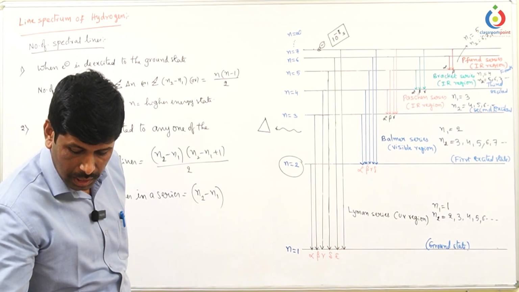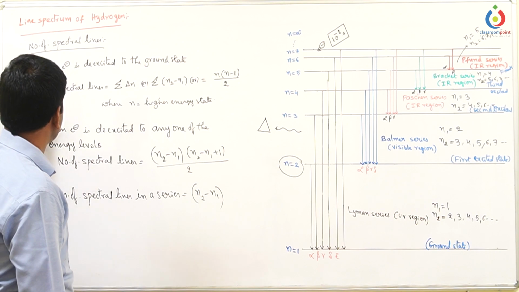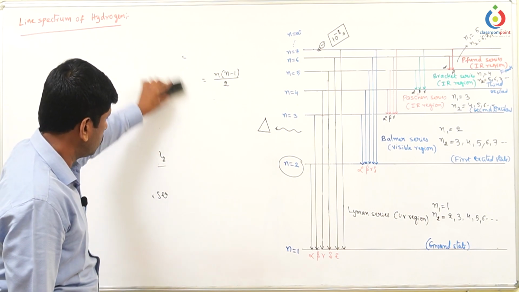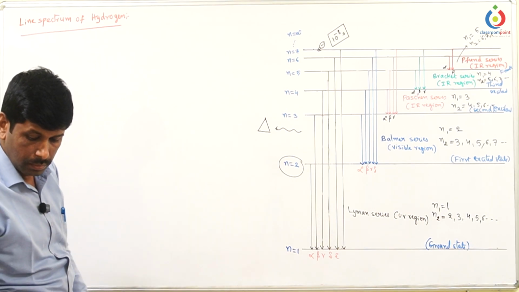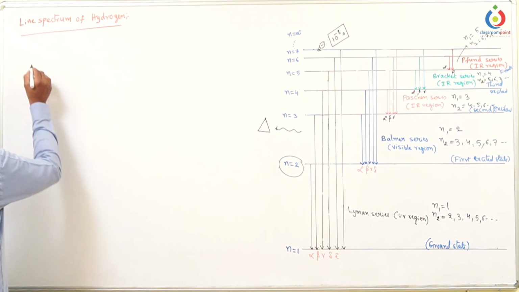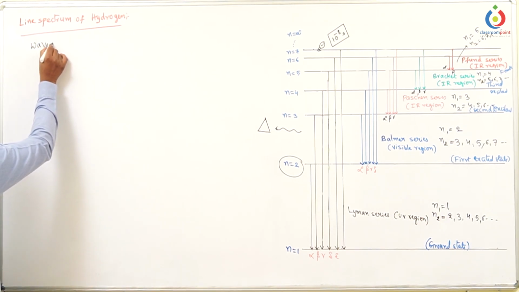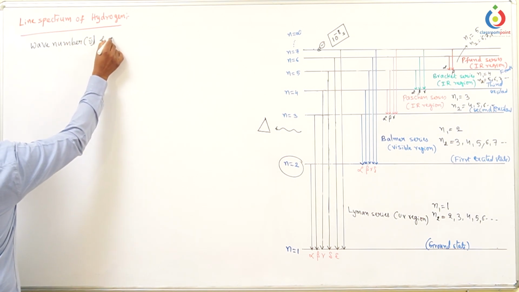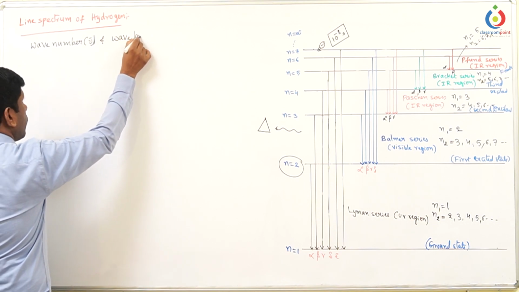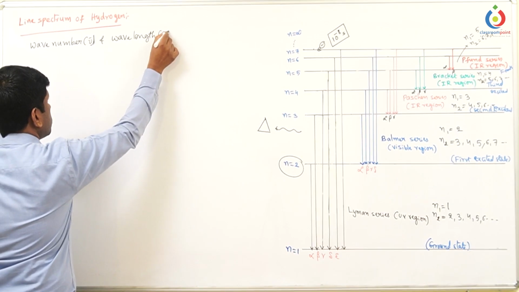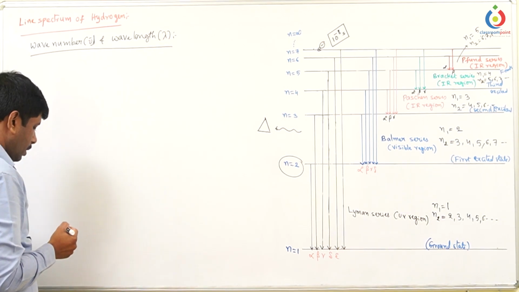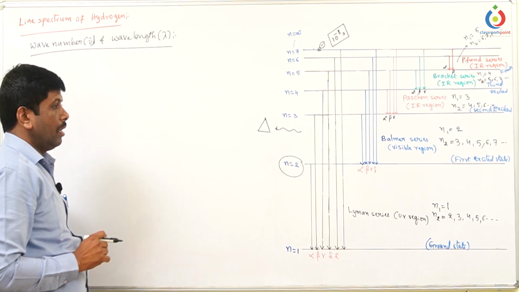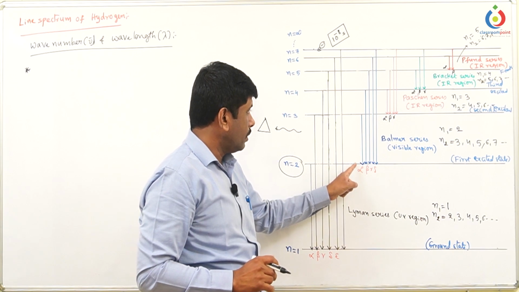Now let us see how to calculate the wave number, energy, and wavelength. Balmer has given a formula to calculate the wave number and wavelength, because Balmer knew only this series of lines.